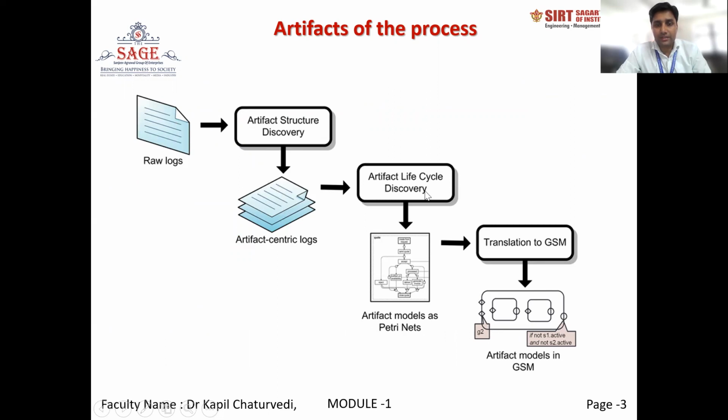Artifact lifecycle discovery means here we design in what cycle, in what way we have to prepare different artifacts, then translation to GSM, and this is our actual model. So that mechanism basically says that here we are maintaining and preparing some documents.